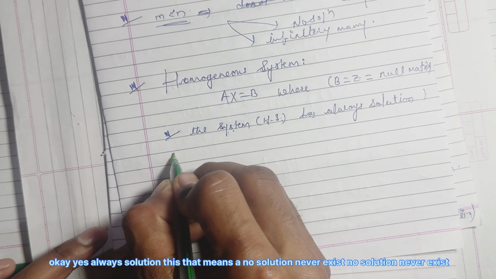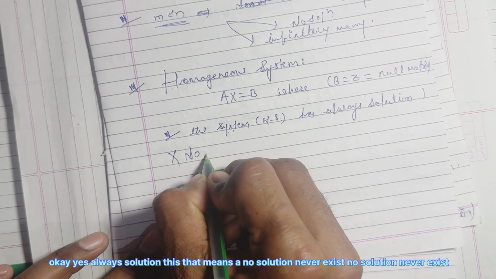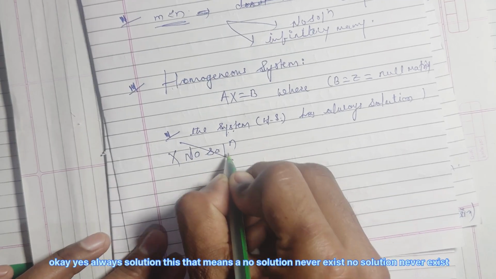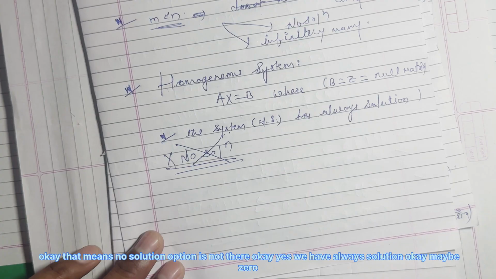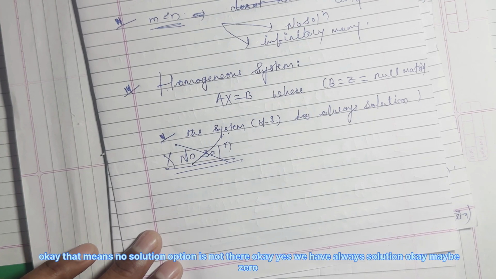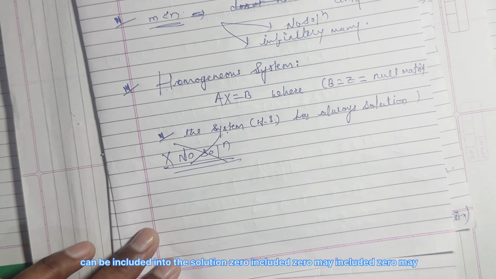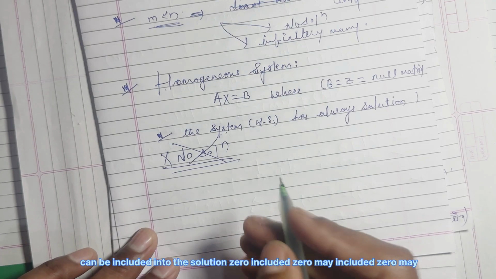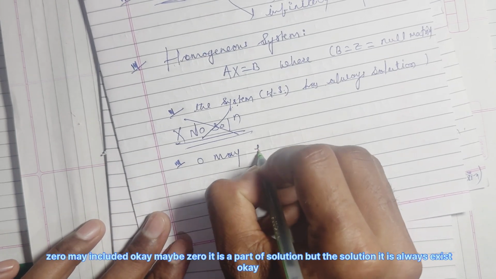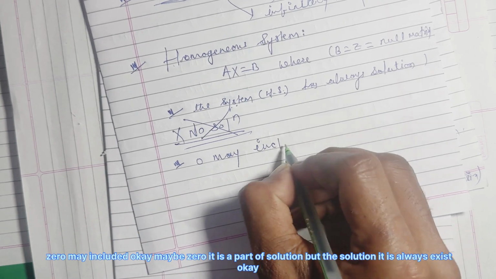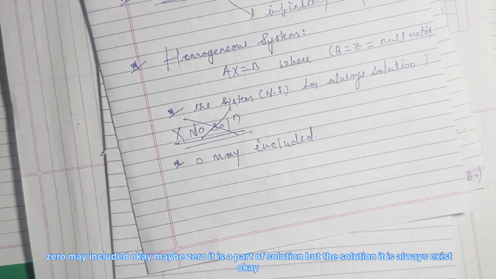That means no solution never exists; the no solution option is not there. Maybe zero can be included in the solution. Maybe zero is a part of the solution, but the solution always exists.